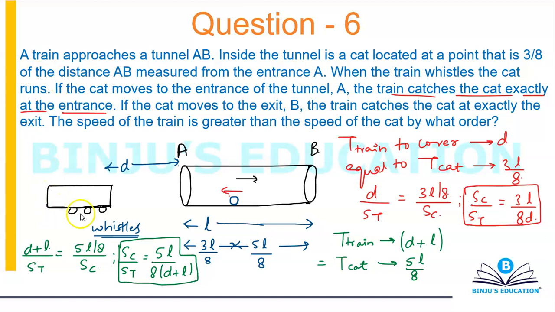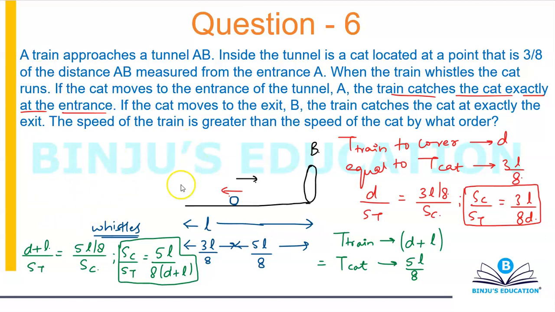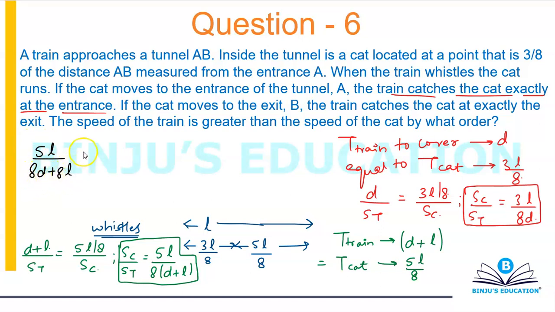I'm going to remove my drawing so that I have space on the screen. So I'm going to have 5L divided by 8D plus 8L, that is equal to 3L divided by 8D.